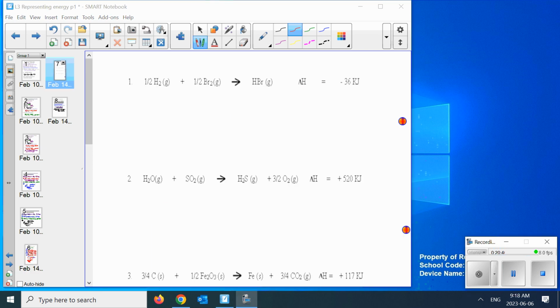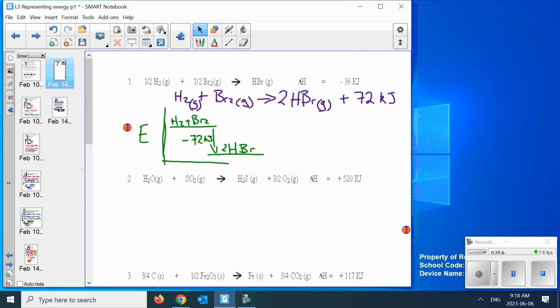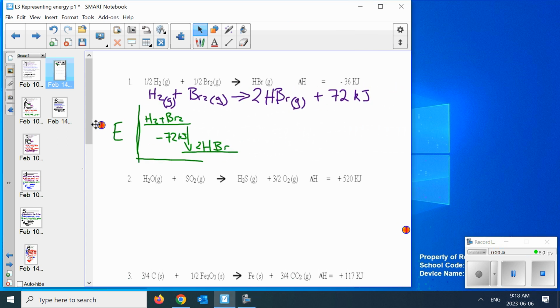Just to give you a start on this. The first one, you were supposed to multiply everything by 2. Work it in. This is what it should look like. Keep working away at these.